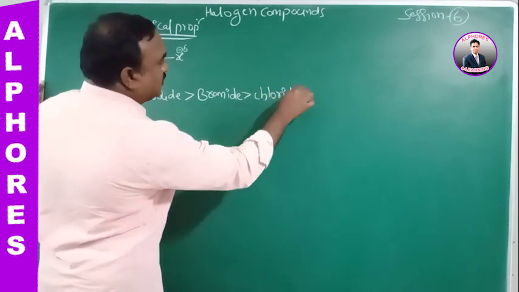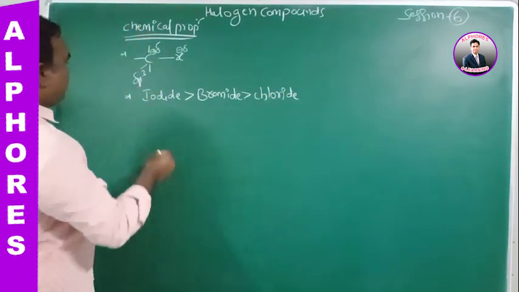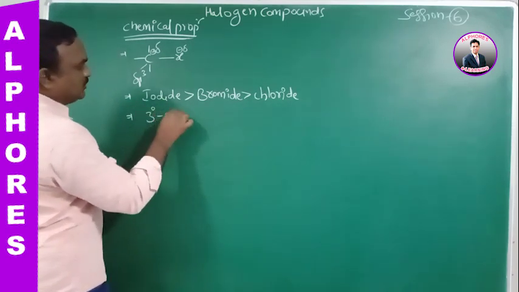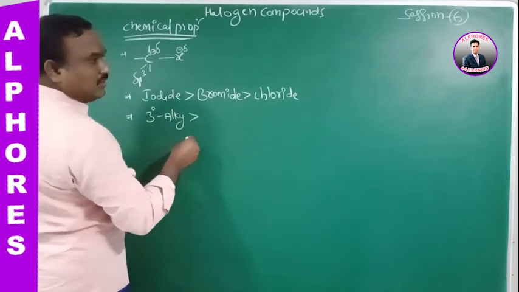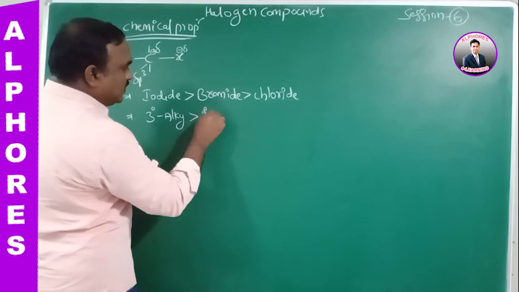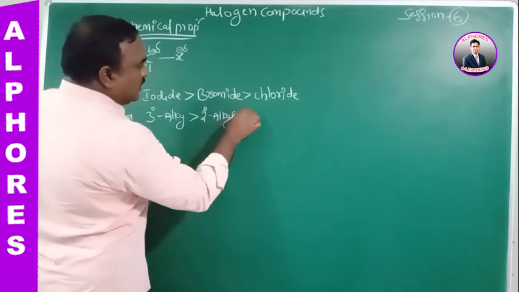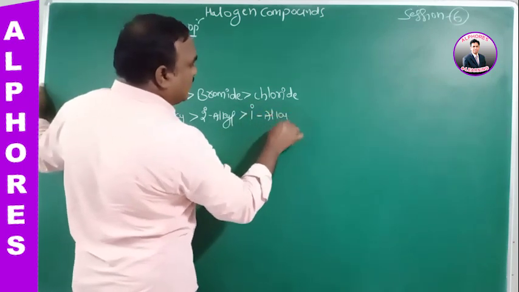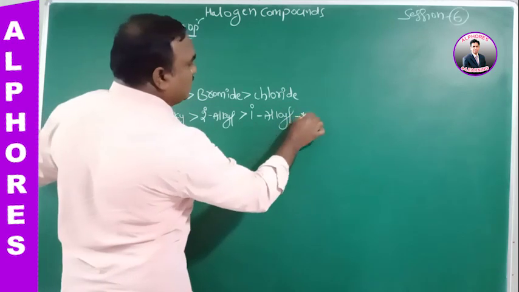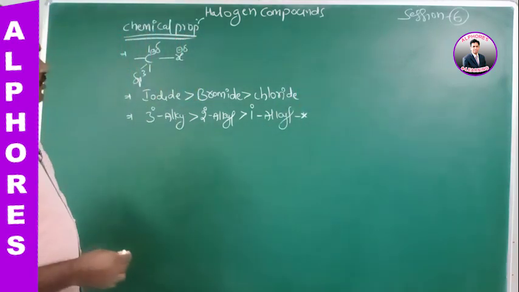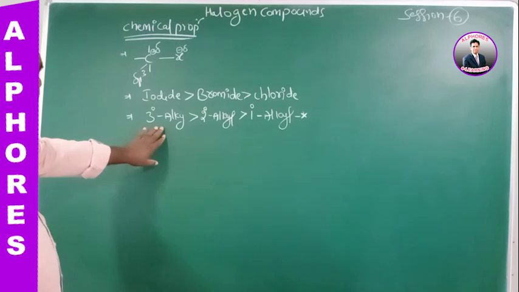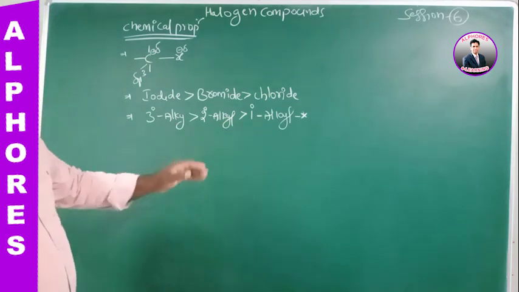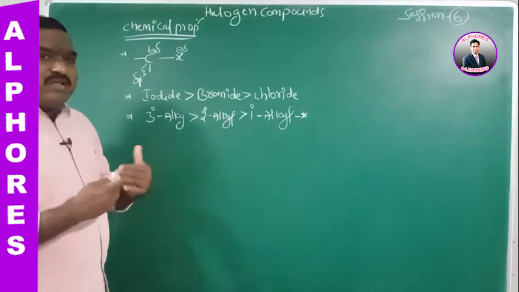Wherever an alkyl group is given, tertiary alkyl halide reactivity is greater than secondary, which is greater than primary alkyl halides.